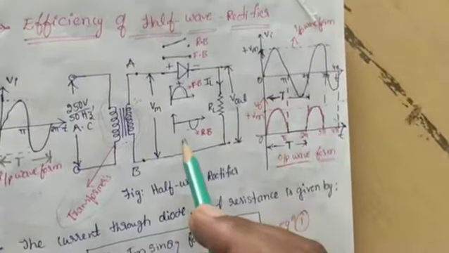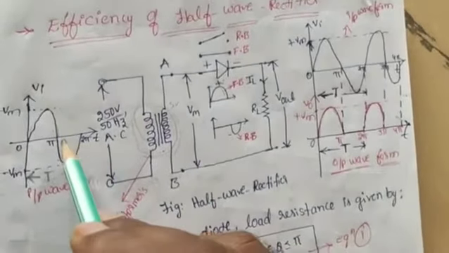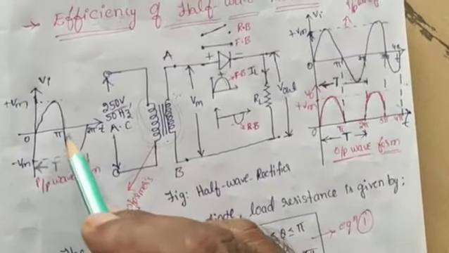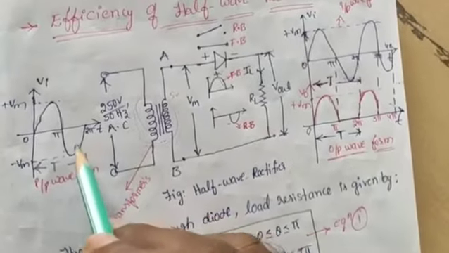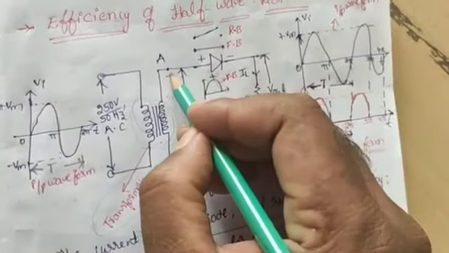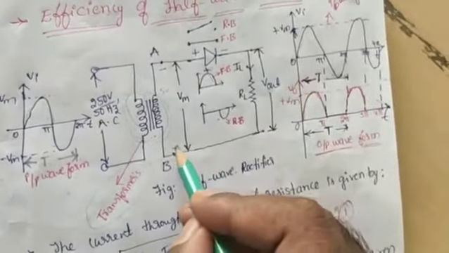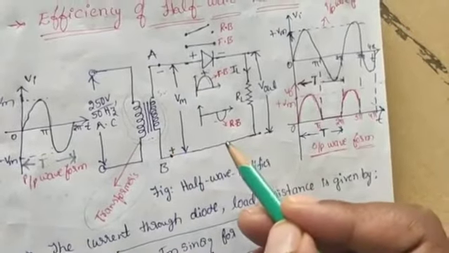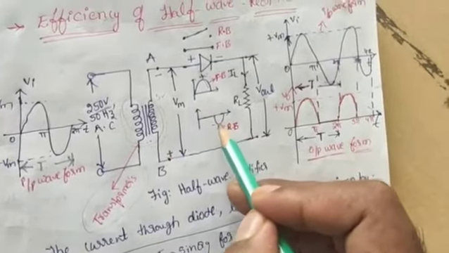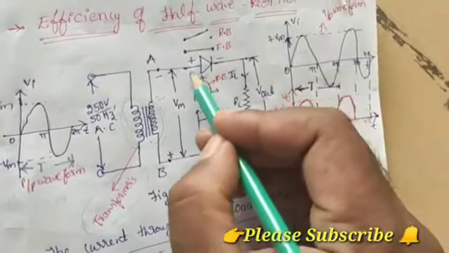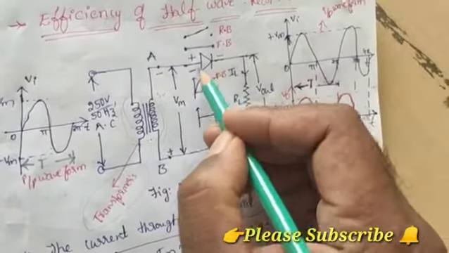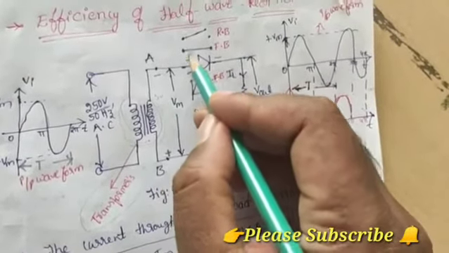The second case is when we apply the negative signal. At that time A acts as negative and B acts as positive. So the signal is negative and the diode is positive.